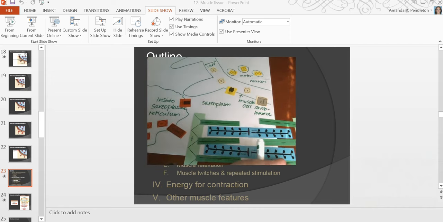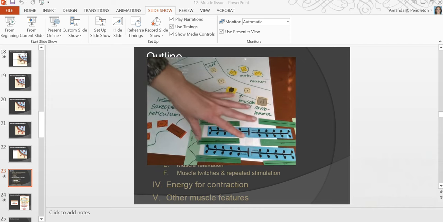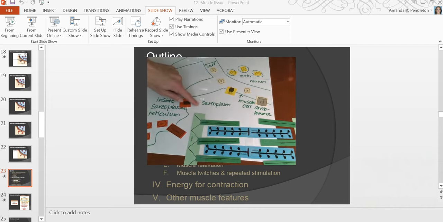And so the sarcomere, all of these myofibrils are located in the sarcoplasm. So just to recap, in here is the motor neuron. It's got vesicles with acetylcholine in it.